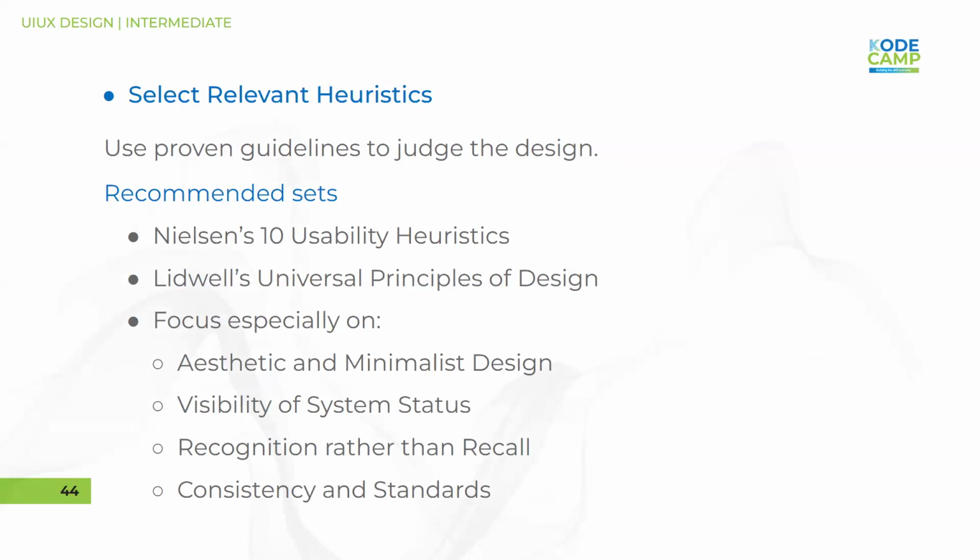We also have Lidwell's universal principles of design. We should always focus on aesthetic and minimalist design, visibility of system status, recognition rather than recall, consistency and standards. So these are where you should mostly focus.